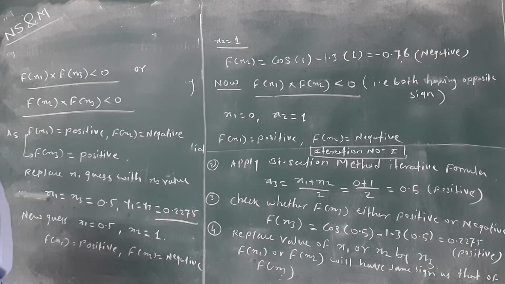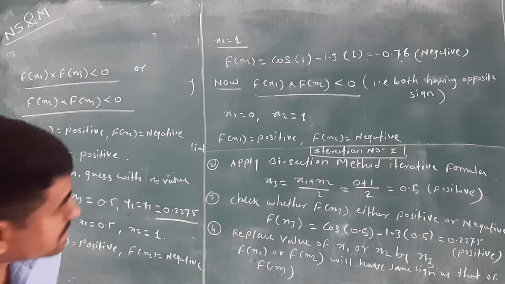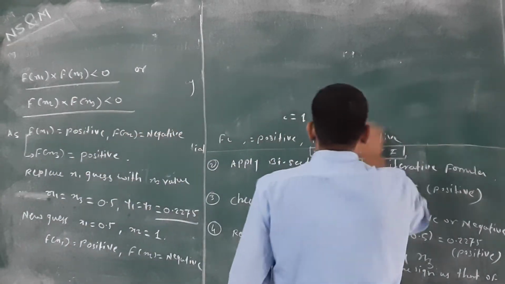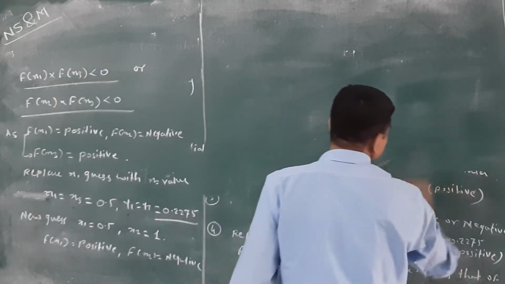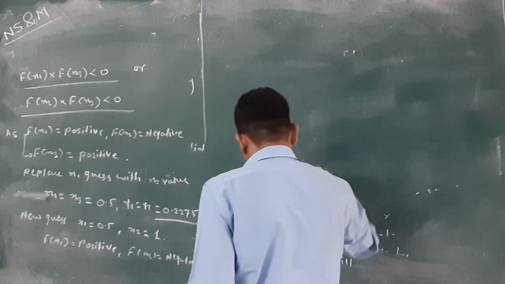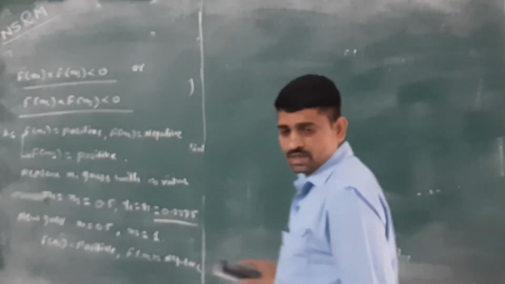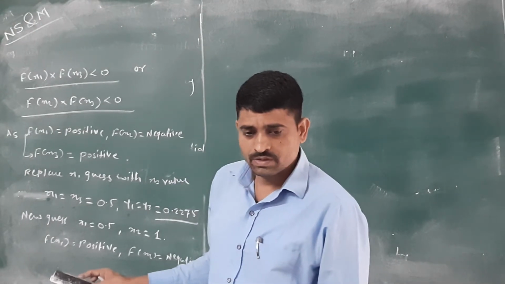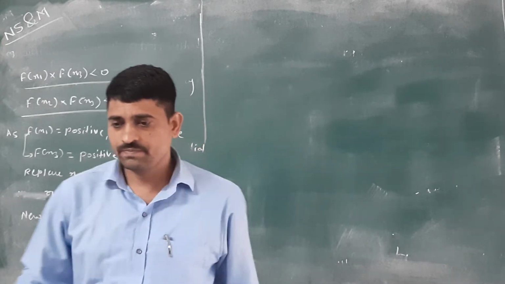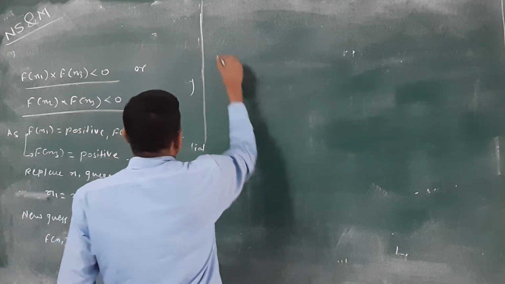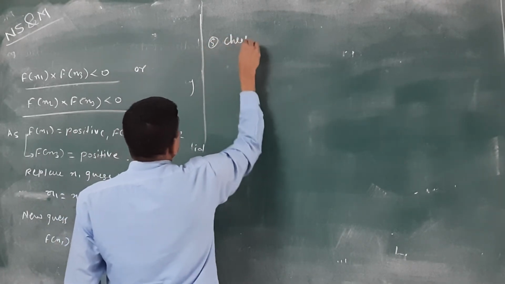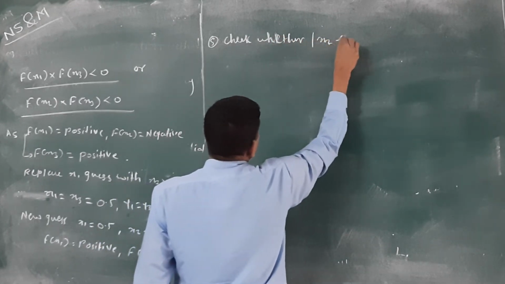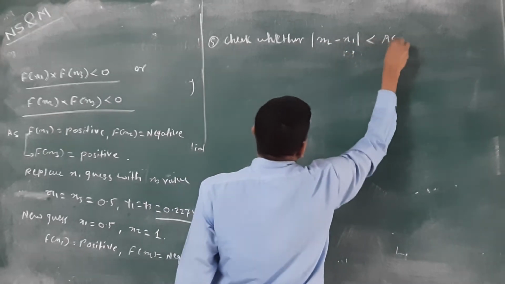Then what is step number 5? In step number 5, you have to check whether mod of x2 minus x1 is less than accuracy or not.